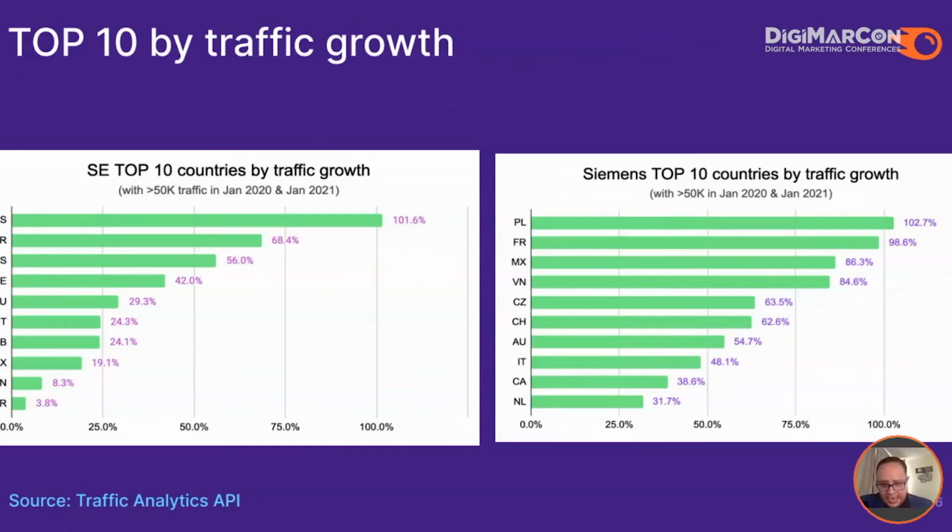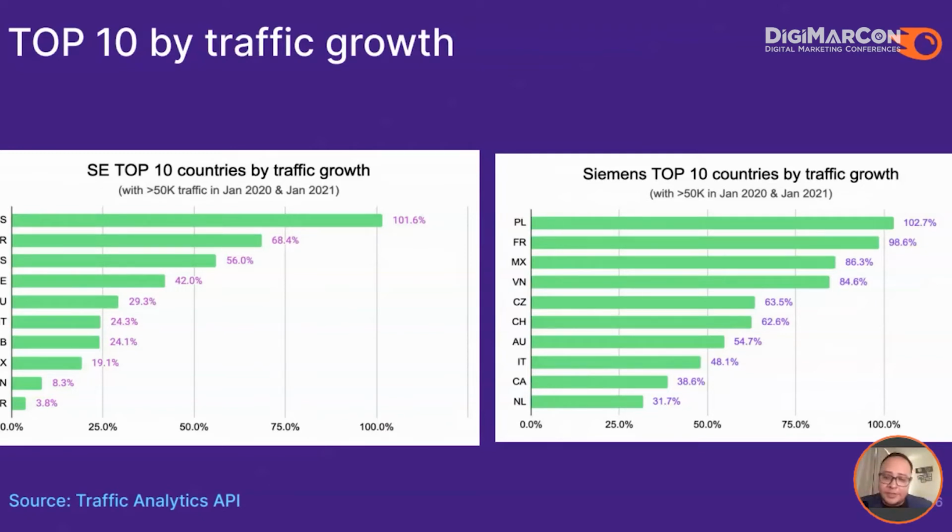So, analyzing the top 10 countries by traffic growth in terms of our own domain. Here you can see the domains that are growing more are Spain, Turkey, United States, Germany, Russia, Italy. You can see the growth of the traffic in those countries.